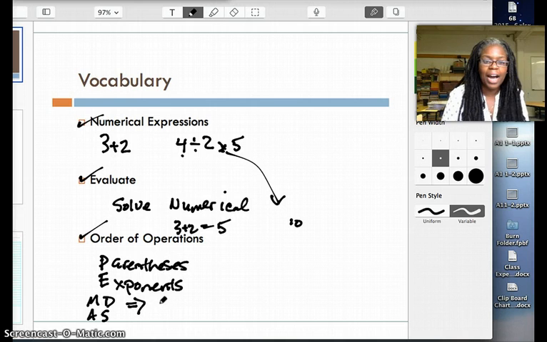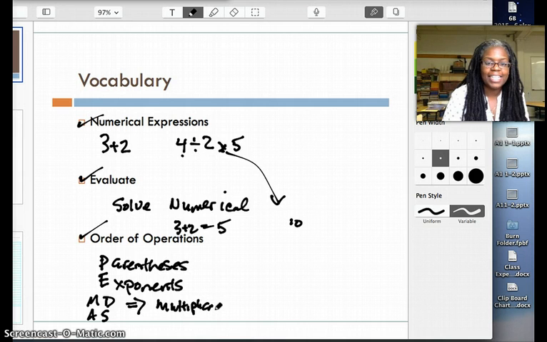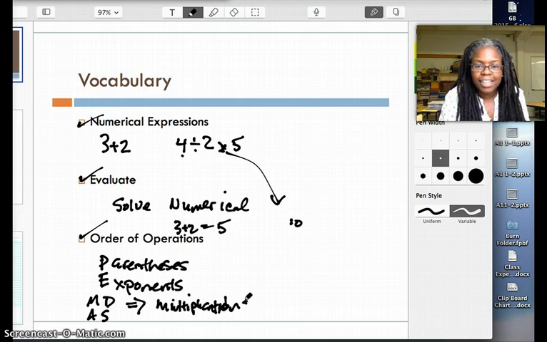So with multiplication and division, you need to do them at the same time, but you're going to go from left to right. Multiplication and division, all right, from left to right.